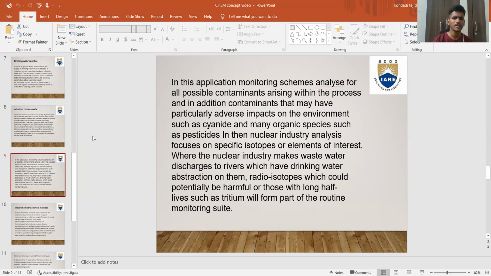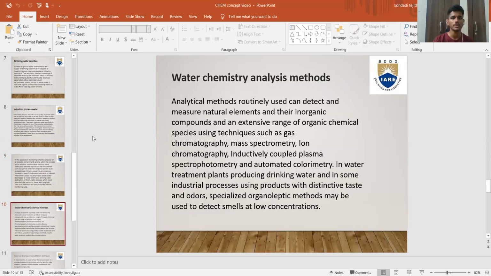In the nuclear industry, analysis focuses on specific isotopes or elements of interest. Where the nuclear industry makes wastewater discharges to rivers which have drinking water abstraction on them, radioisotopes which could potentially be harmful, or those with long half-lives such as tritium, will form part of the routine monitoring suite.